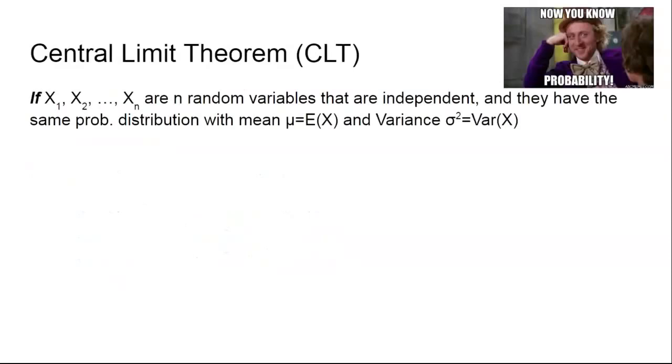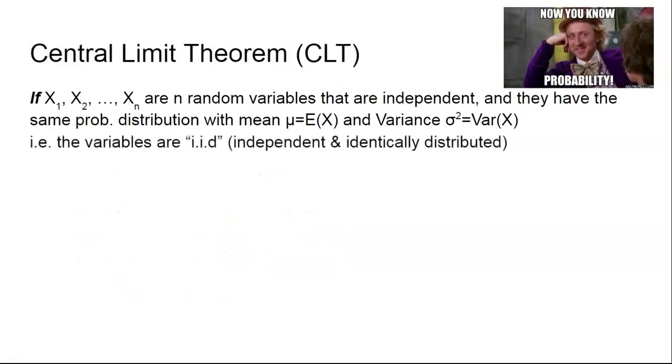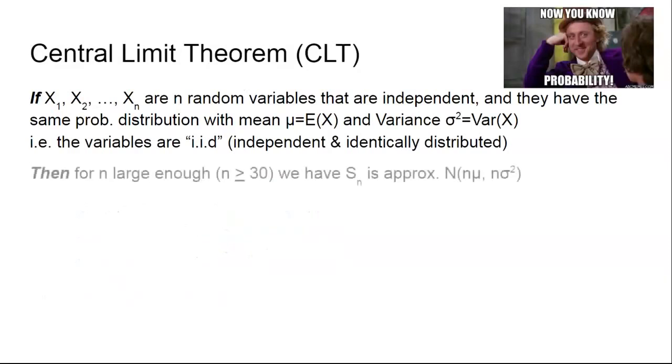If X1, X2, ..., Xn are n random variables that are independent and they have the same probability distribution, in other words, the variables are IID, independent and identically distributed, then for n large enough, n greater than or equal to 30, the sum of all of them is approximately normal (n mu, n sigma squared).